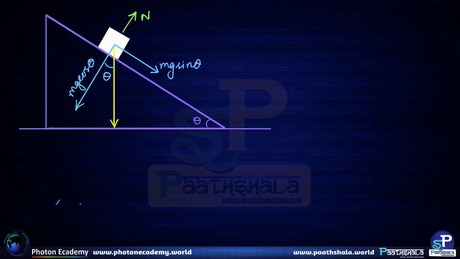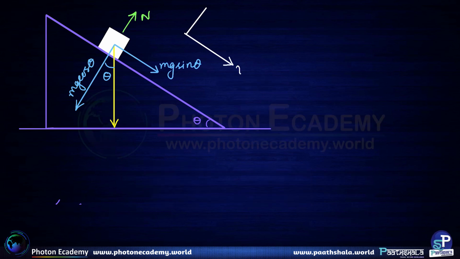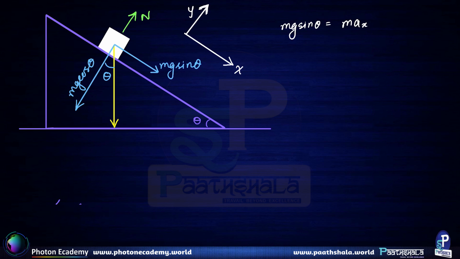So if we choose our x direction to be down the plane, this is our x direction, and our positive y direction is perpendicular to the plane. If we happen to choose the two directions like this, so this is x and this happens to be the y direction, we can write down the x direction equation as mg sin theta is equal to m acceleration in the x direction.